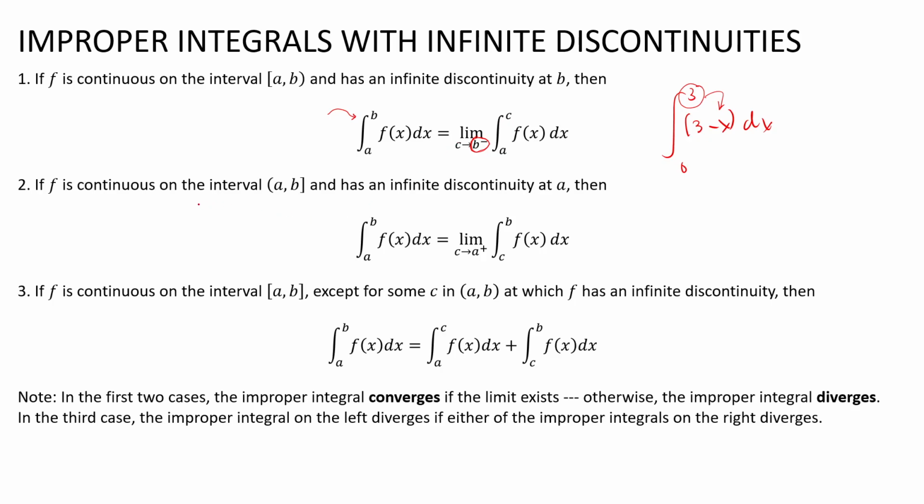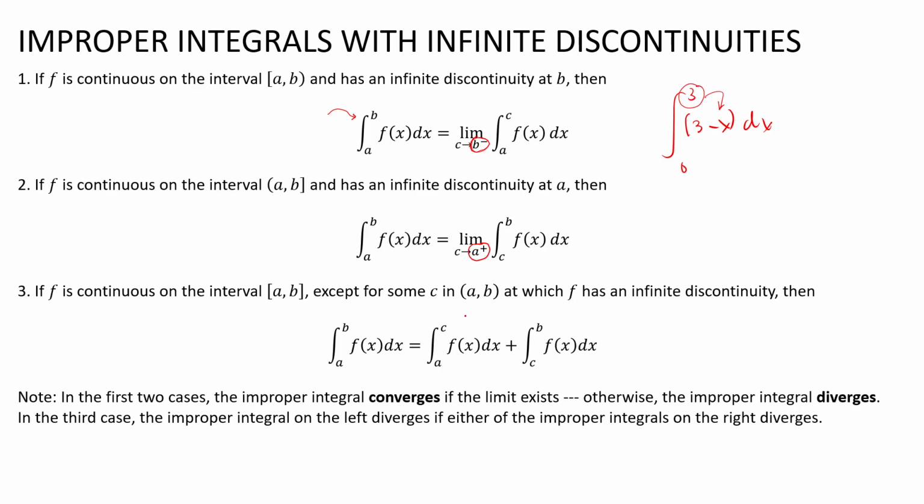So let's say the lower limit is discontinuous. So we take the limit as a approaches from the right hand side. So that's why it's a plus.